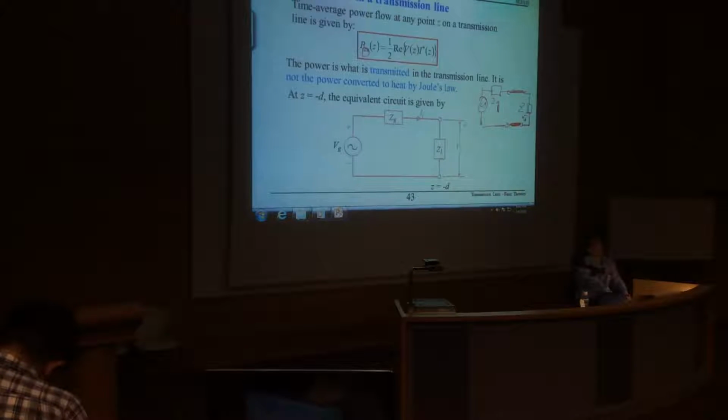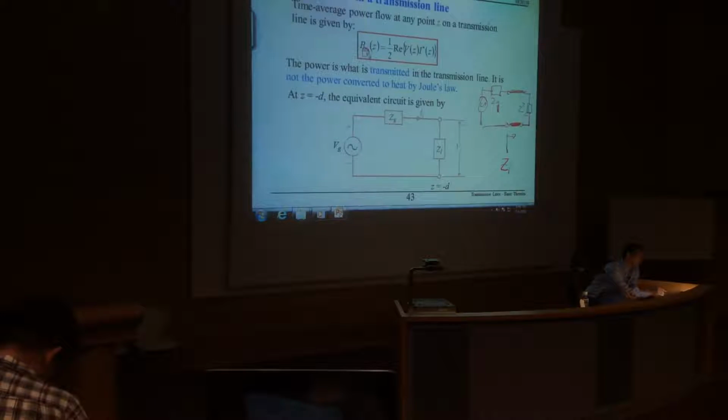This is one end. Now the arrow means looking to the right hand side. In previous sections we have already simplified this transmission line to this.